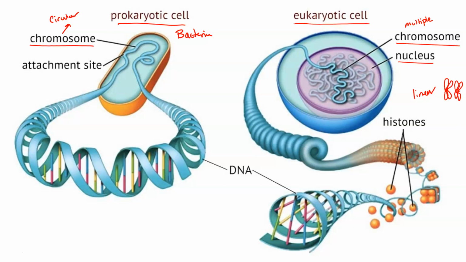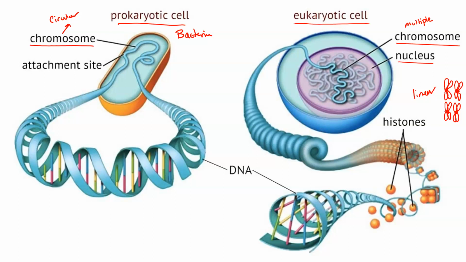Most of the time in diploid organisms, these chromosomes will be paired in homologous pairs. We'll get to that in a little bit. Prokaryotic cells obviously are not going to have homologous pairs because they have a single circular chromosome.